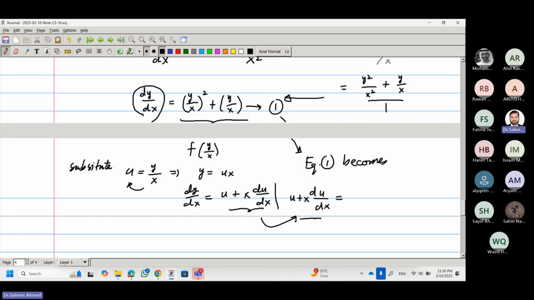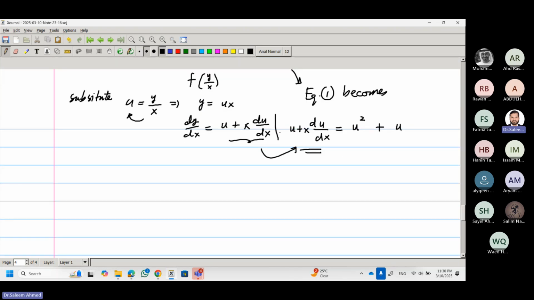So this has become this equal to y by x whole square, y by x is u, plus u. Okay. And this becomes separable. This does not become linear. It becomes separable. Now bring this u here, make it minus u, right? So you got x du by dx equal to u square, and u minus u cancel.